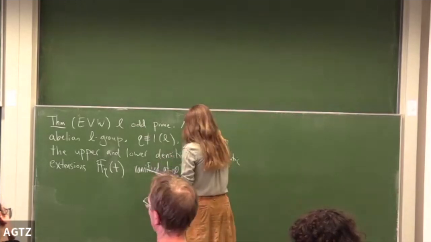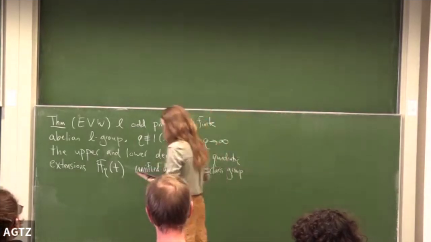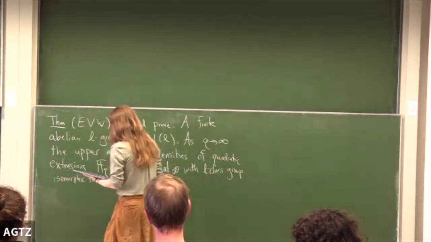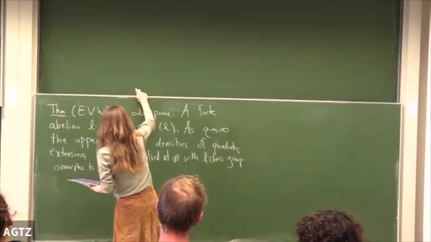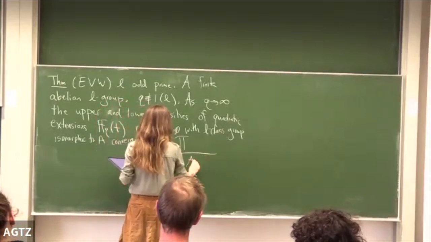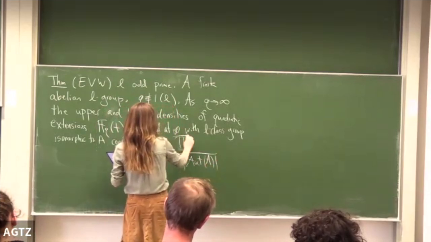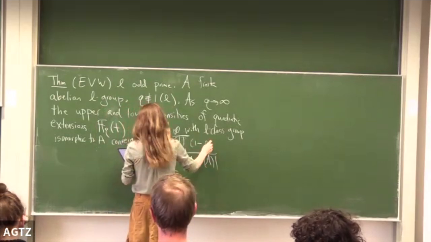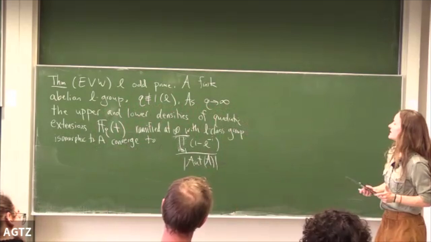Ramified at infinity with l class group isomorphic to A, they both converge to one over the size of the automorphisms of A, and the product as i goes from 1 to infinity of 1 minus l to the minus i.